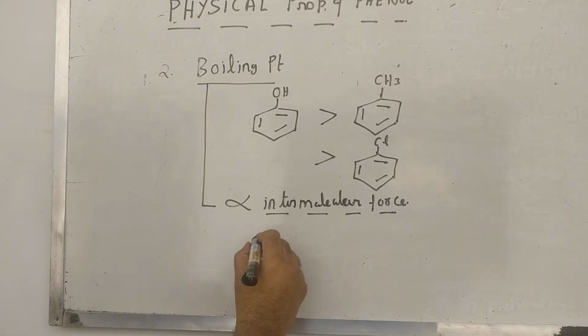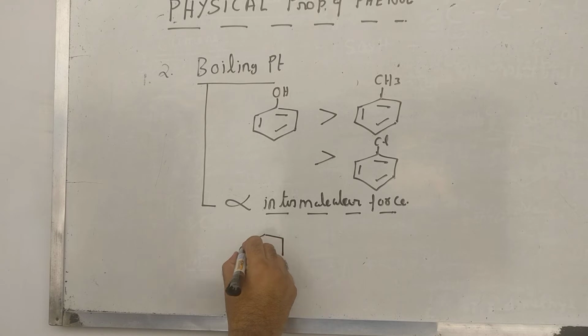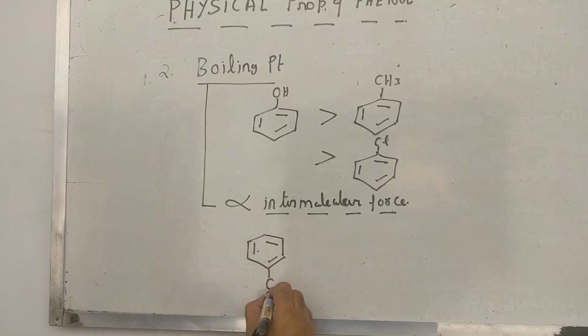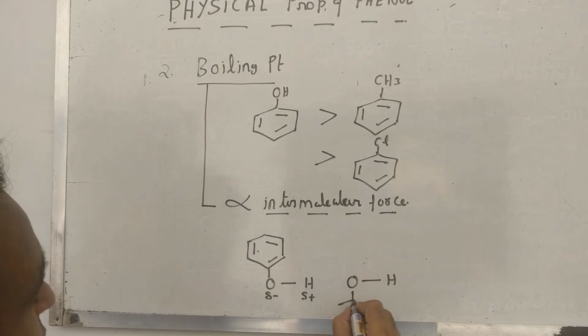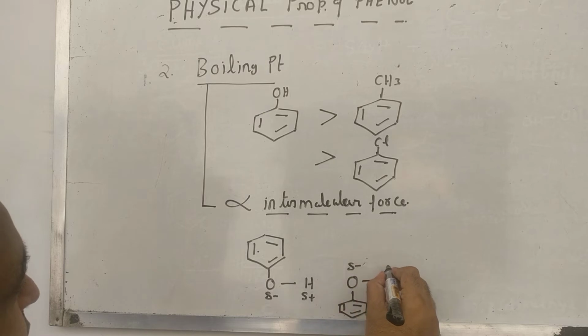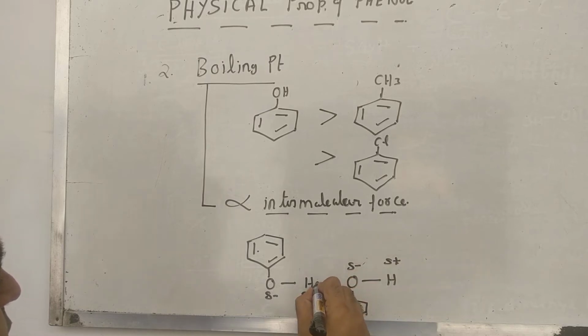Between phenol molecules, the intermolecular force of attraction which is there is strong intermolecular hydrogen bonding. This is one phenol, this is negative, this is positive, this is another phenol. The OH bond you know is polar, this is negative, this is positive. So they will have a hydrogen bond.